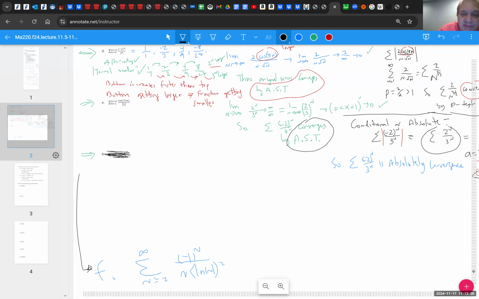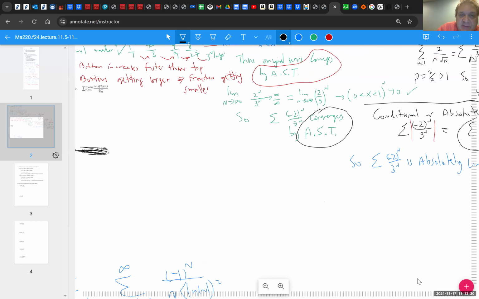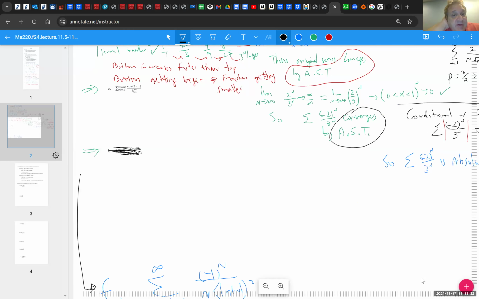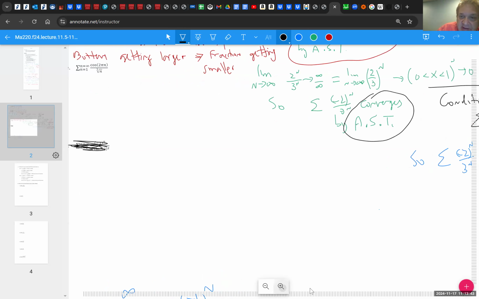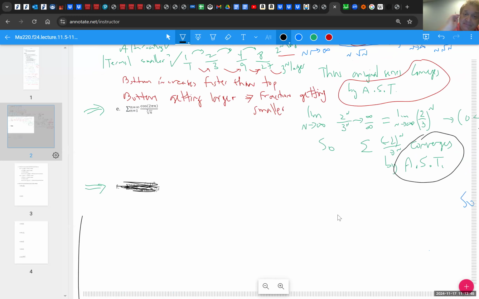Okay, so now I'll do E. Let me zoom in a little bit, and you can maybe see it better on your device. So this is cosine of 2 pi n over the cube root of n. That's this particular series. Let me zoom in a little bit more so I can see it too. Okay, so now we need to do the alternating series test, assuming that it's alternating.